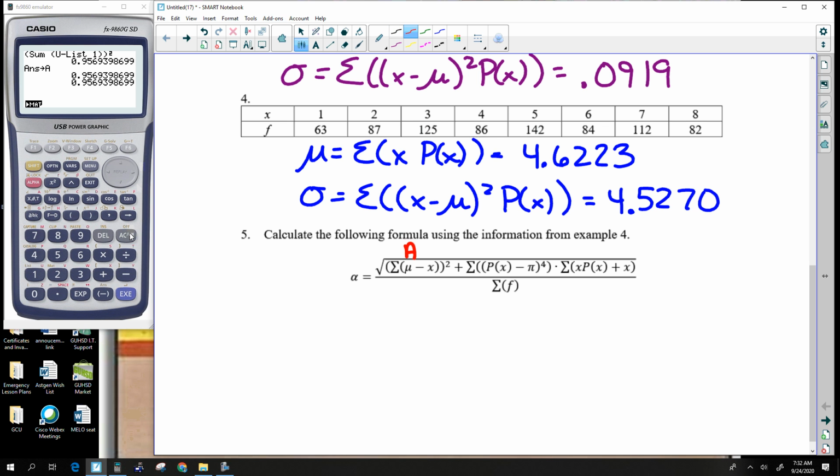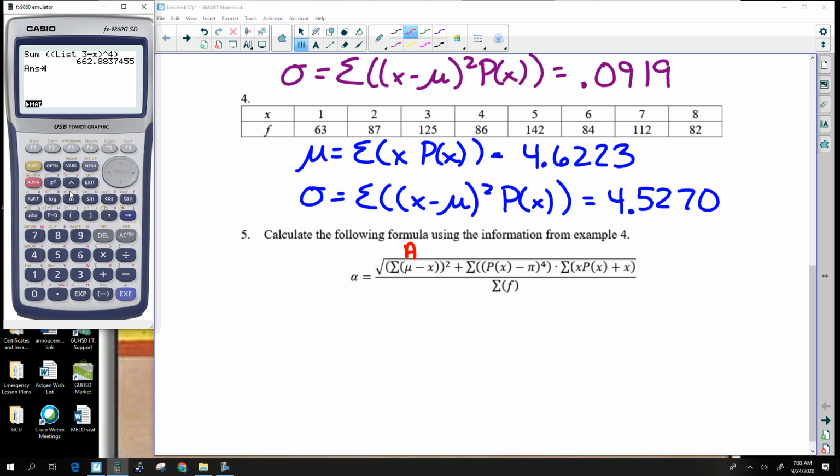And so that is the sum, open, P of X minus pi, there it is, closed to the 4th power, and so that's that little triangle thing, to the 4th power, closed.